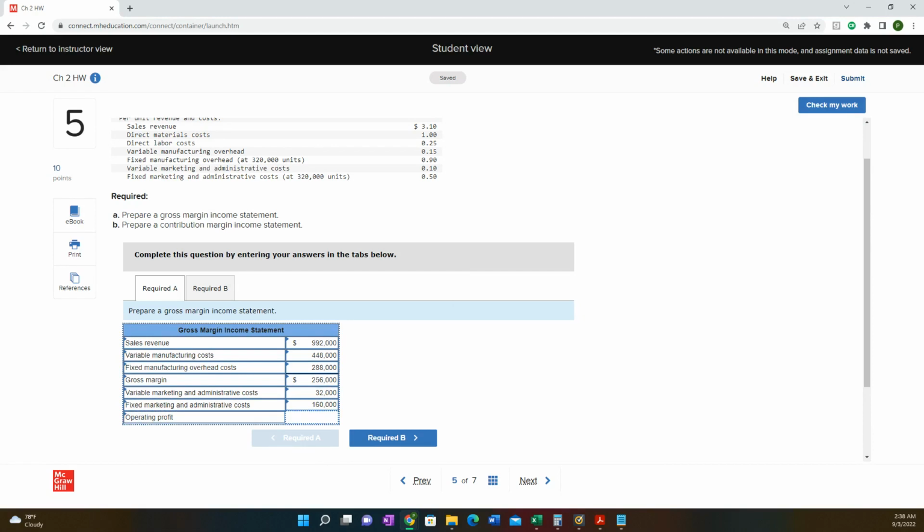So that's the end of part A of question 5. I'll let you do part B on your own, which is the contribution margin statement. It's pretty straightforward if you follow the example on page 65 of the book. But to check yourself, the contribution margin should be $512,000, and the operating profit should be the same as it is under the gross margin income statement, which is $64,000.